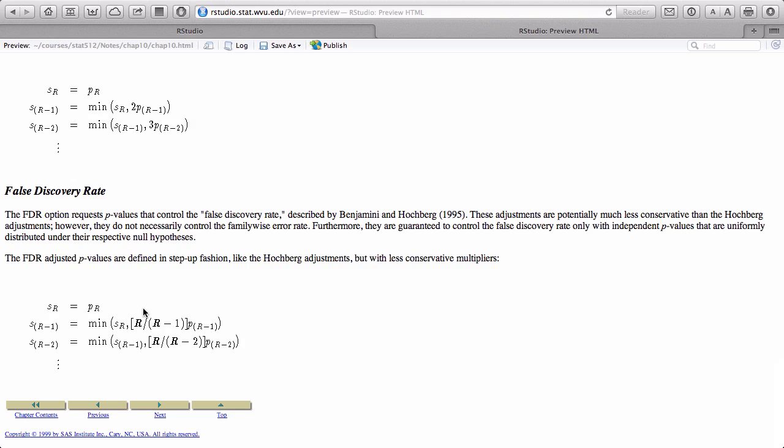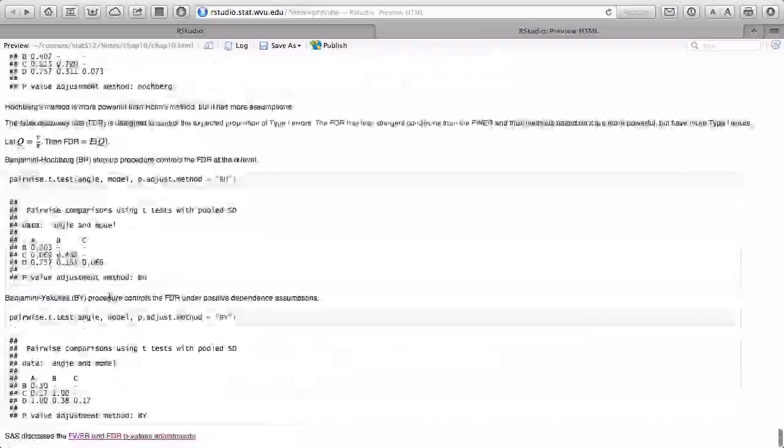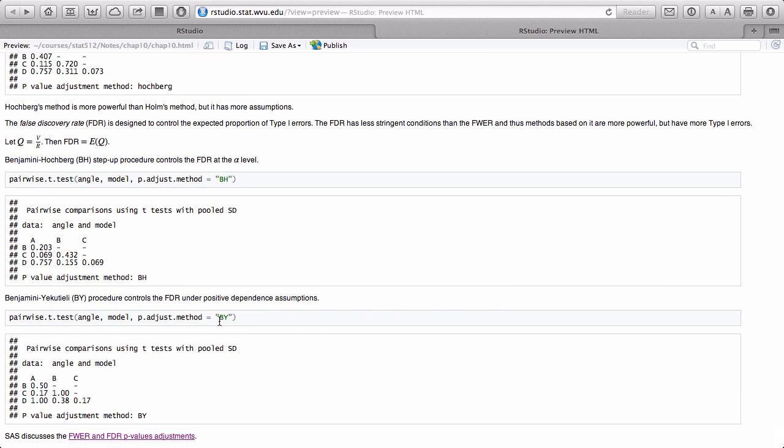But the second procedure that I talked about was this BY procedure as opposed to the BH. The BY procedure allowed you to have some type of dependence, which is probably more realistic.